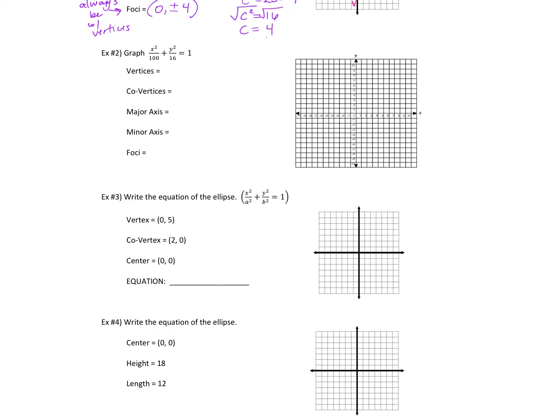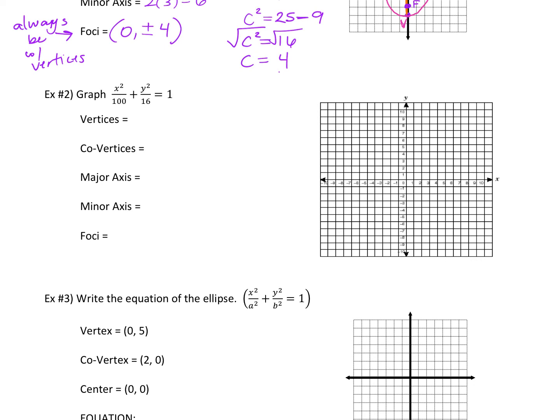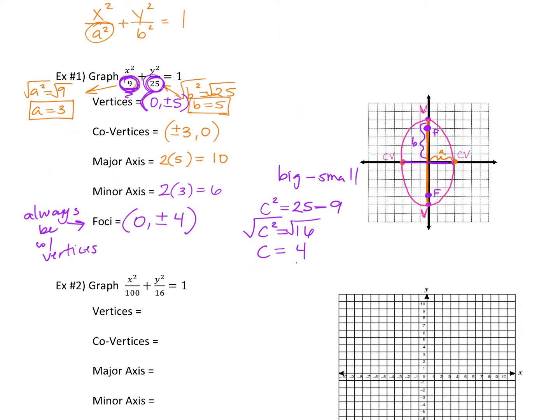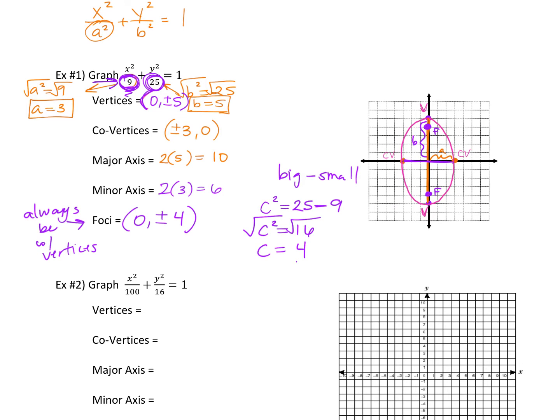All right, so this one, example 2, very similar type of problem. I'm gonna move a little quicker through it because we're gonna run out of time if we don't keep moving here, because you've seen one, but now this one's gonna be the other one. Notice the difference, okay? Our a squared and our b squared, b squared was bigger on that one. Now it's the a squared that's bigger, okay?